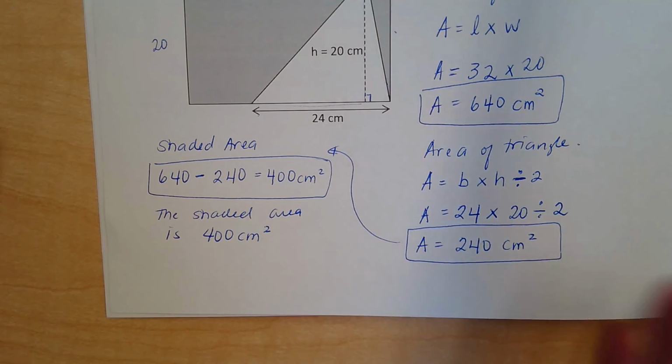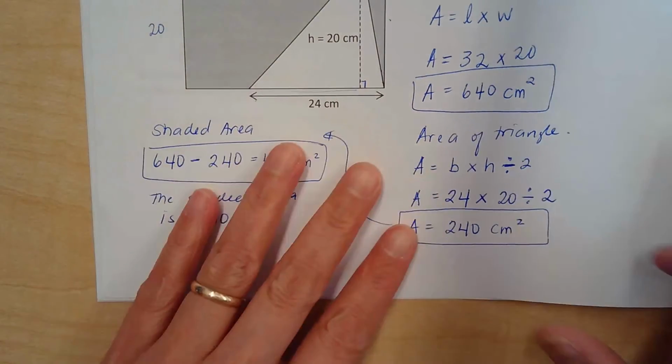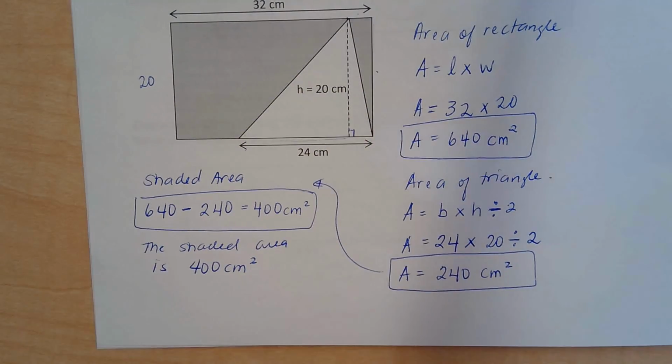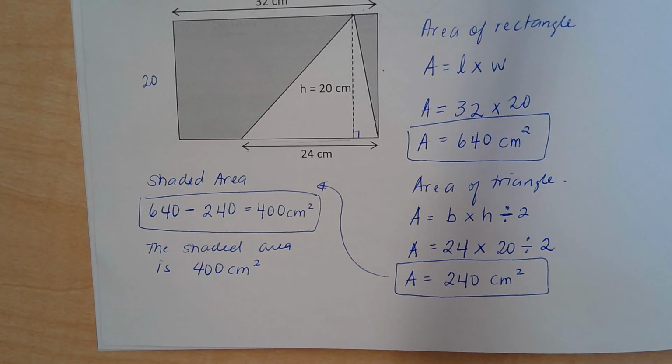We can add the areas together, or in this case, we had to subtract the area from the bigger area. So two separate strategies. Okay, is that good?